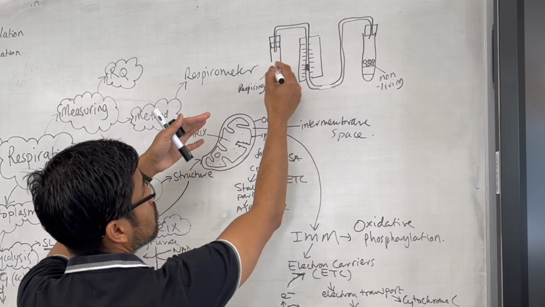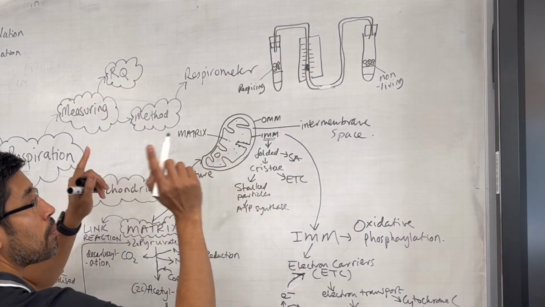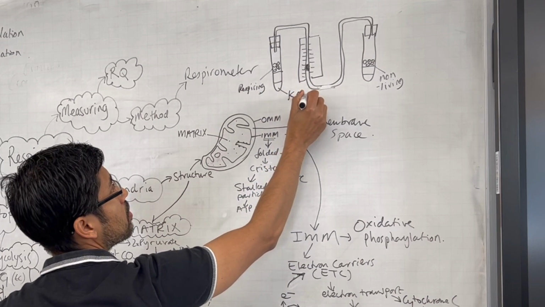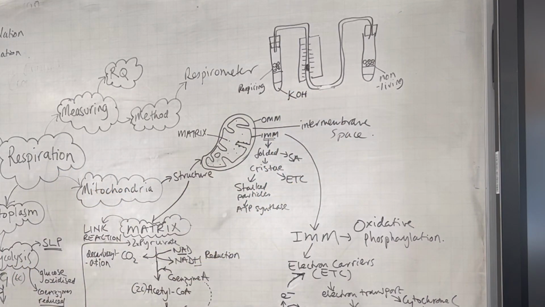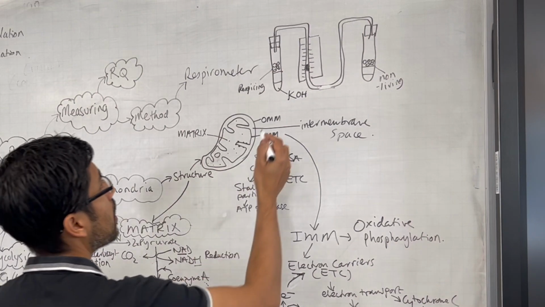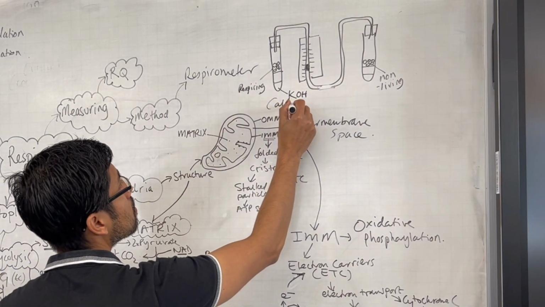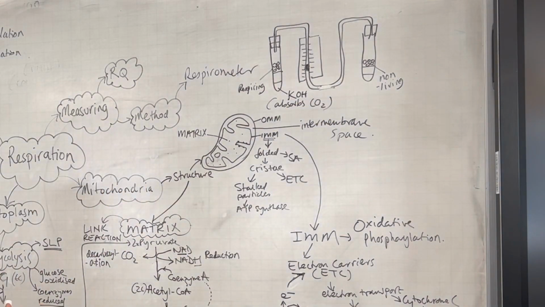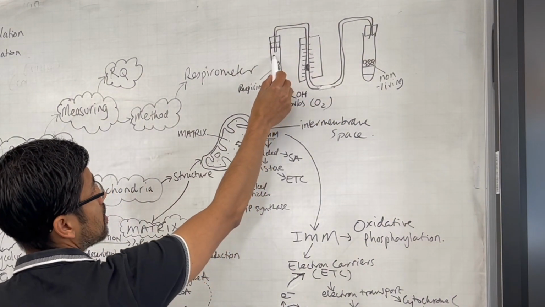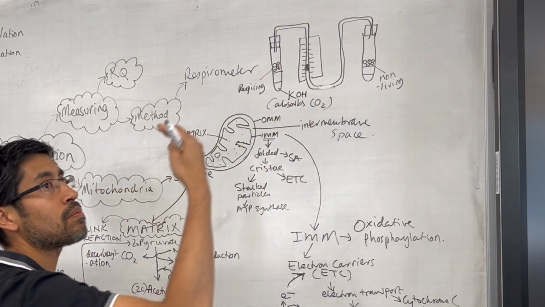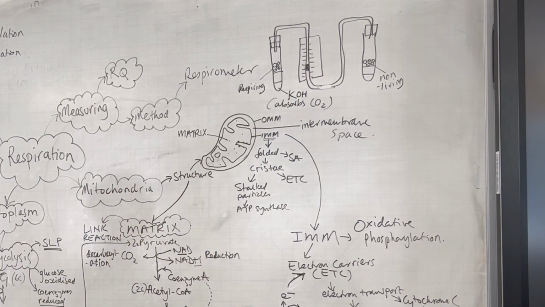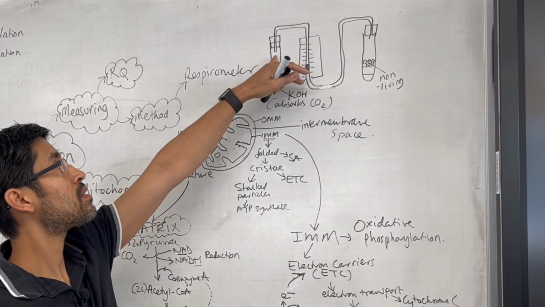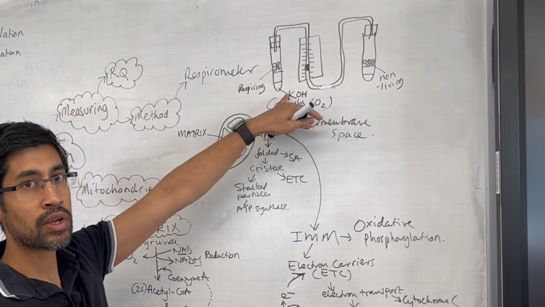Overall, that wouldn't change the pressure in the tube, but right here you've got something like potassium hydroxide or even soda lime that absorbs CO2, so the only thing that changes the pressure in the tube is the consumption of oxygen. No CO2 is being added to the gas in the tube, because it's going into the potassium hydroxide.